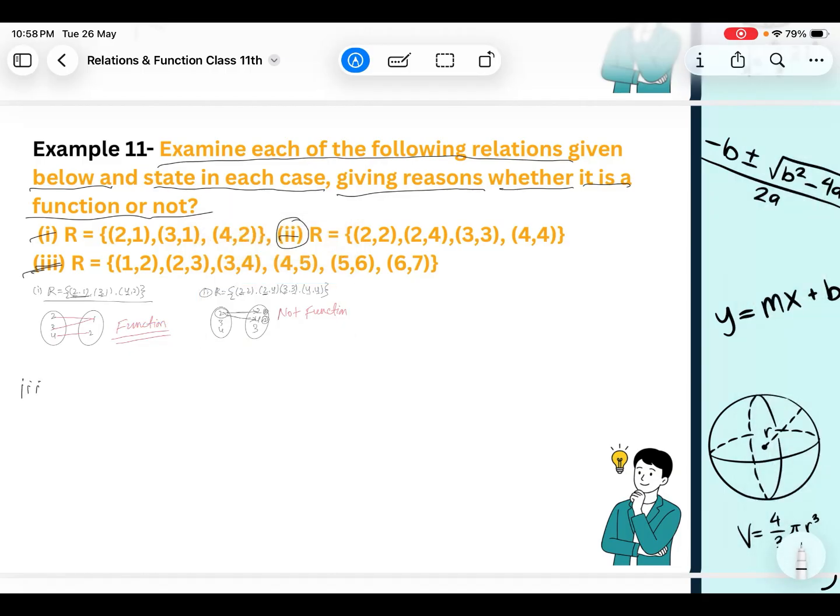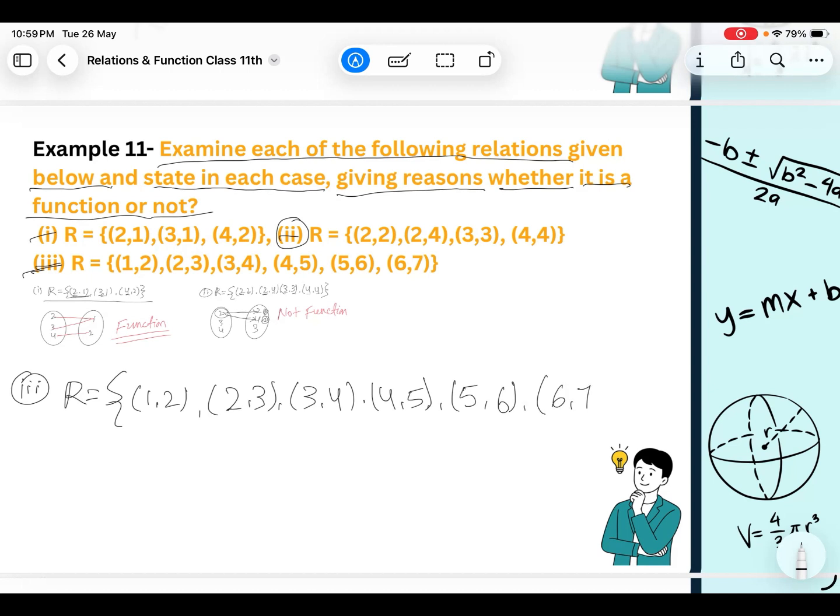So this is the third one. R equals {(1,2), (2,3), (3,4), (4,5), (5,6), (6,7)}.